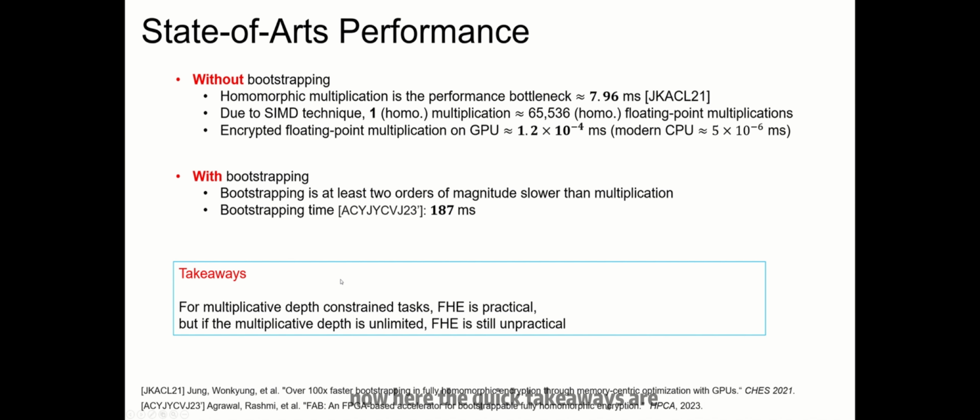So the quick takeaways are: for multiplicative depth constrained tasks, without bootstrapping involved, FHE is quite practical. But if you want the multiplicative depth to be unlimited, which suggests you need bootstrapping, then the FHE scheme is still not practical.